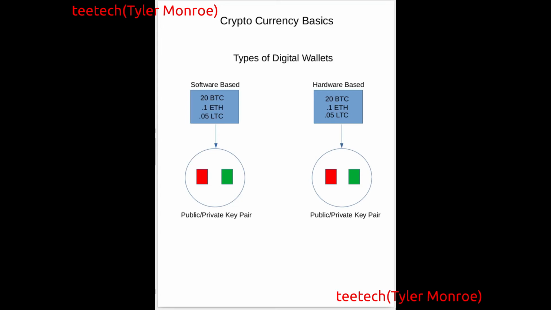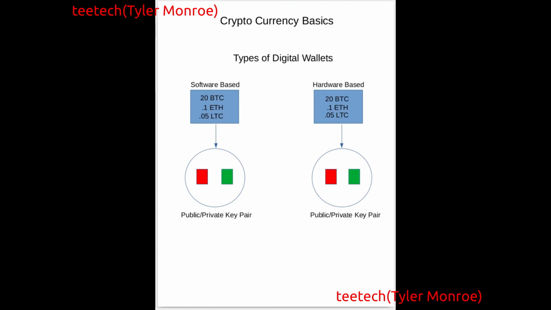But regardless of whether it's software or hardware based, they have a public and private key pair. That's why it's called crypto. It works on cryptography. Mining has the algorithm hash it's finding, and what these public and private key pairs do is, when a wallet wants to send to another wallet, they exchange public keys.